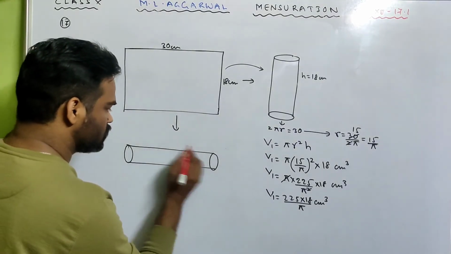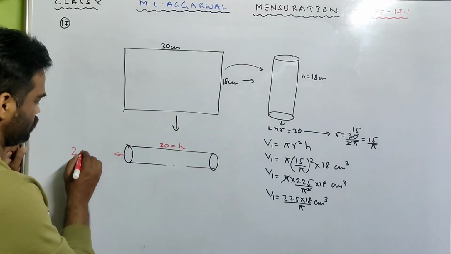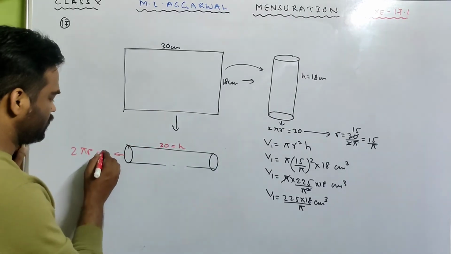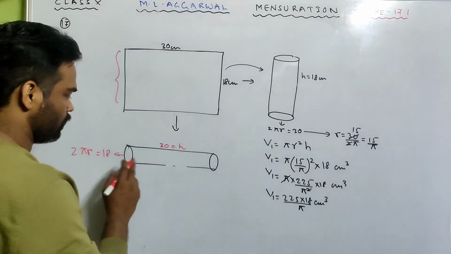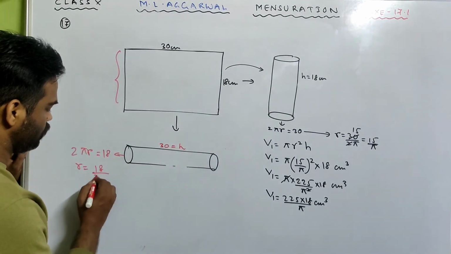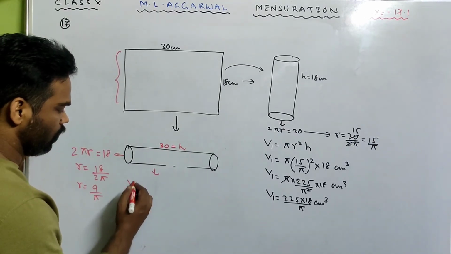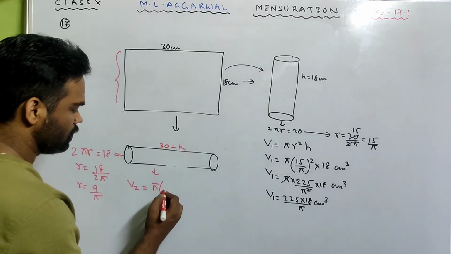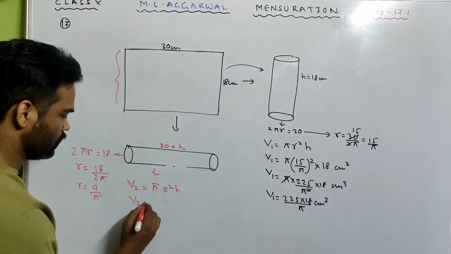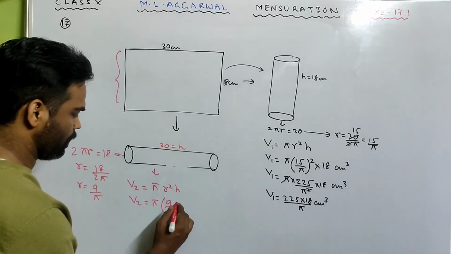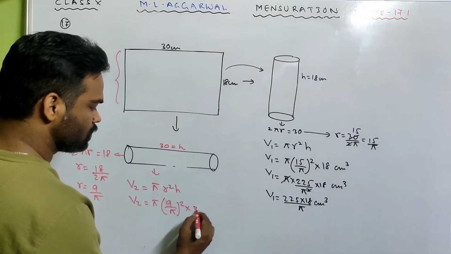The volume over here, when it is rolled breadthwise, what will be the volume? See, then this becomes 30, which is your height, and the circumference 2 pi r becomes 18, isn't it? So over here r is what? 18 by 2 pi. So r is 9 by pi. What will be the volume? V2 is pi r square h. So V2 is pi, r is 9 by pi whole square, h is 30.